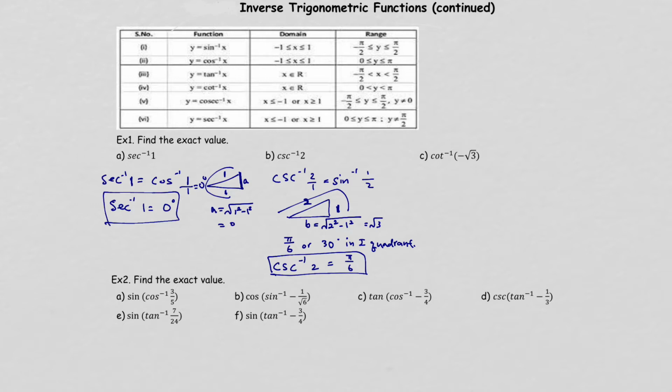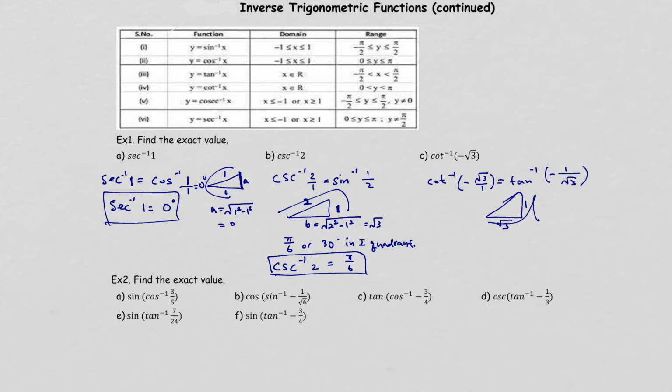Let's look at one more. What about cotangent? Cotangent inverse of negative square root of 3 over 1 is the same as tangent inverse of negative 1 over square root of 3. So then I'm going to look for tangent on a triangle with 1 and square root of 3.